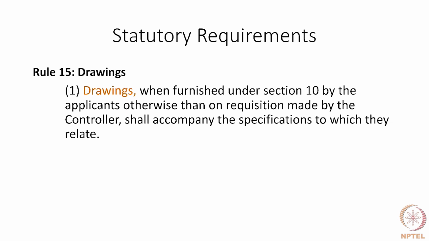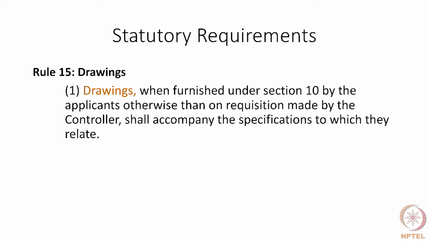So drawings, when furnished under section 10 by the applicant, otherwise than on requisition made by the controller. So you now understand that drawings can either be given voluntarily or when there has been a request by the controller, shall accompany the specification to which they relate. So if your invention has drawings, then it has to accompany the specification while you are filing it. This is different when you file an application and the controller asks you to provide some drawings to explain your invention.